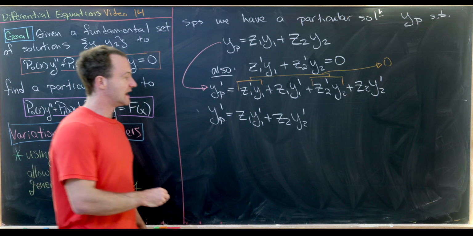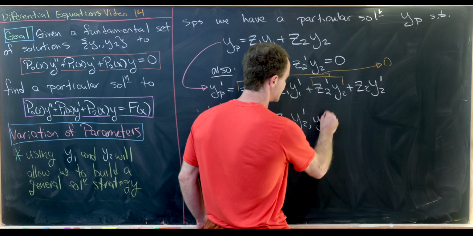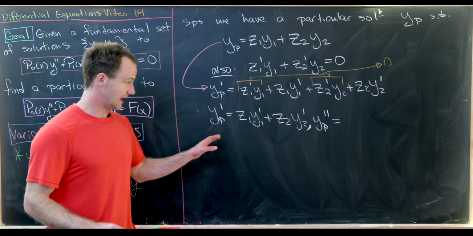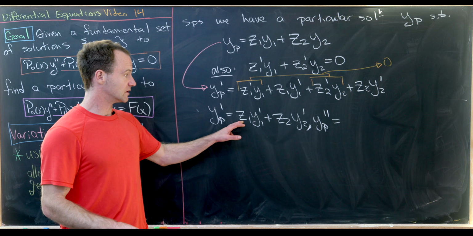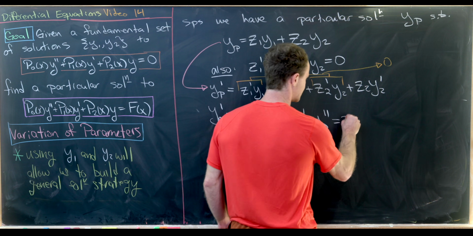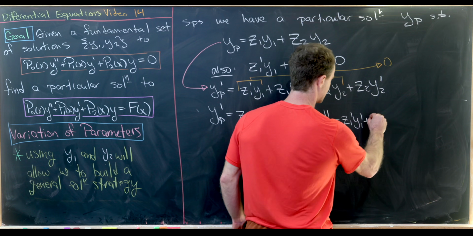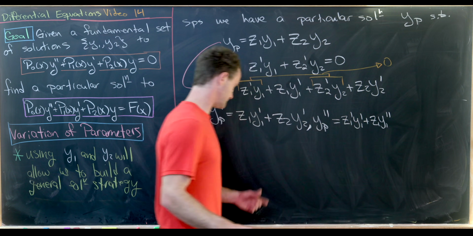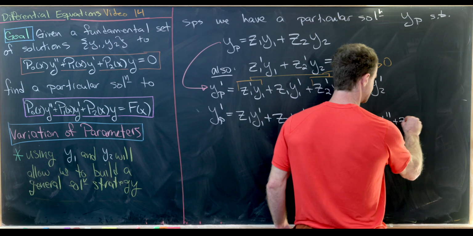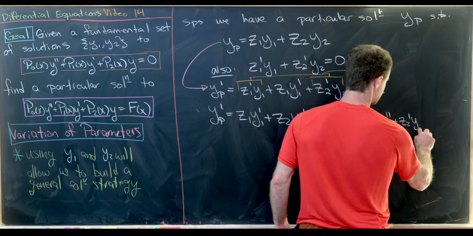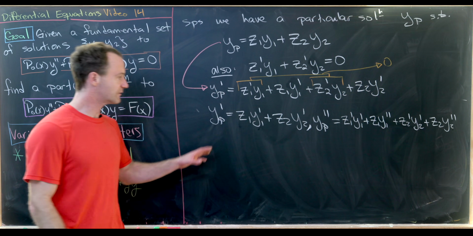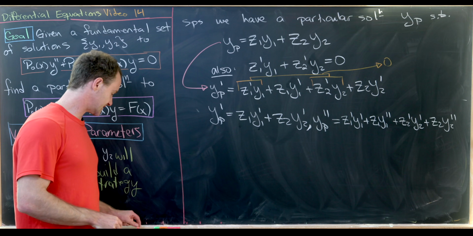Great. And now let's calculate yp double prime as well. We'll have to use the product rule again, and in this case, we'll split these two terms into two more terms, giving us 4 total terms. So we'll have z1 prime y1 prime plus z1 y1 double prime from taking the derivative of this first term, plus z2 prime y2 prime plus z2 y2 double prime from taking the derivative of this second term.